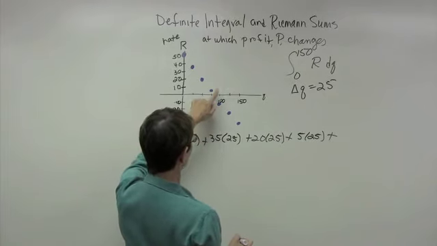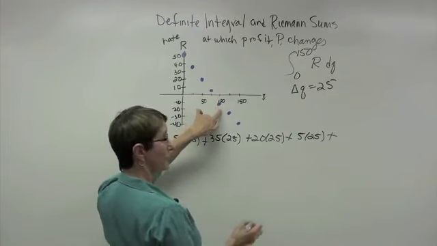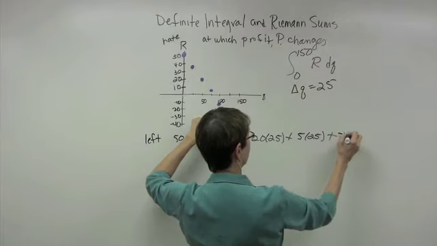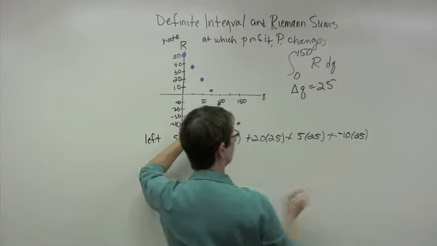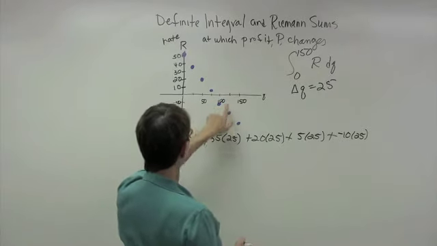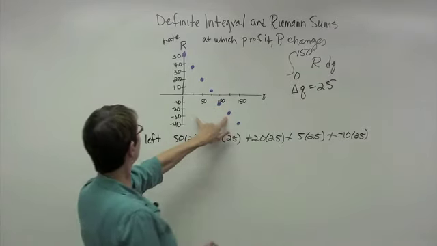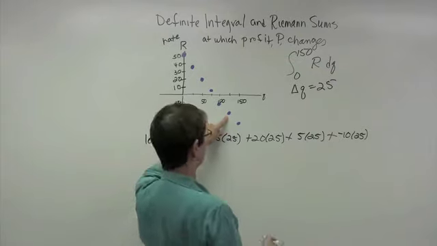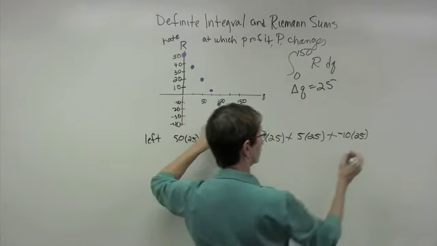When I get here, it's dropped down to negative 10 times 25. And on the last interval, if I choose the left side, this looks like about 25. So I'd have 25 times 25.